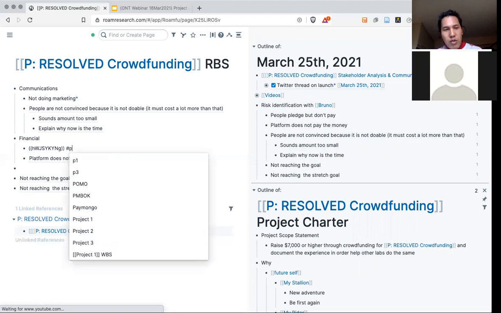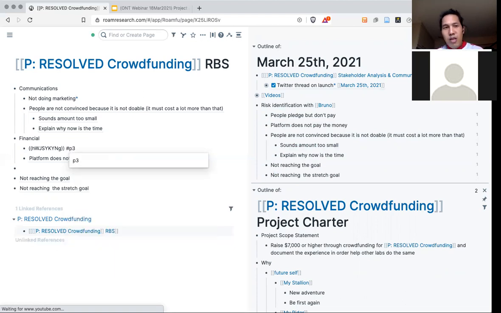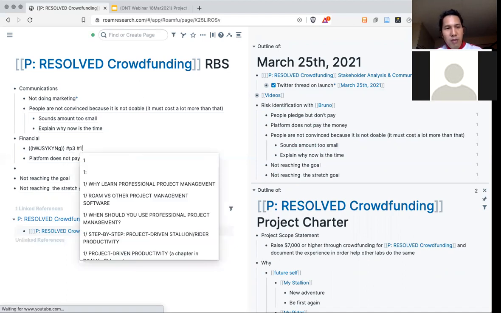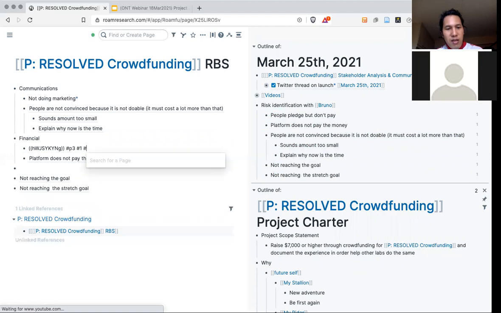So probability is 3, I guess. Almost certain, let's say yes, 3, and impact 1. So the score is 3. Impact, sorry, this is I1. There you go.